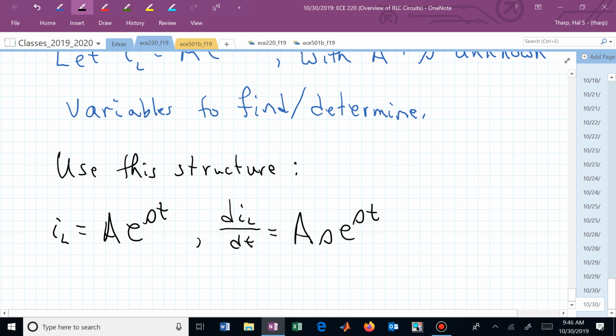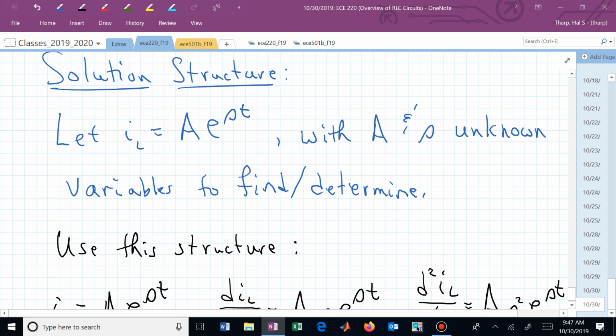The s just pops out in front. We have As e to the st, and the second derivative, we just continue with that process, and we now have A s squared e to the st.